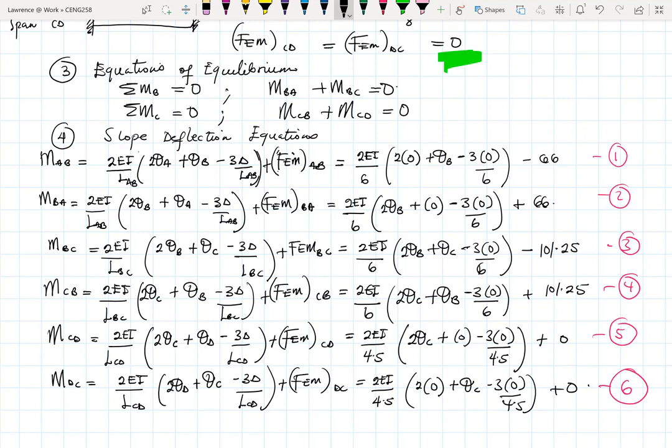This is where you apply the equations of equilibrium. It says that we should sum up MBA and MBC. If we sum these two up, we should get 0. In the same way, if we sum up MCB and MCD, you also end up getting 0. So we can go ahead and do these summations.